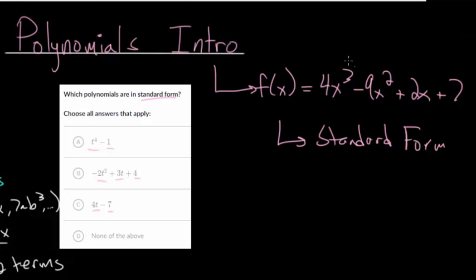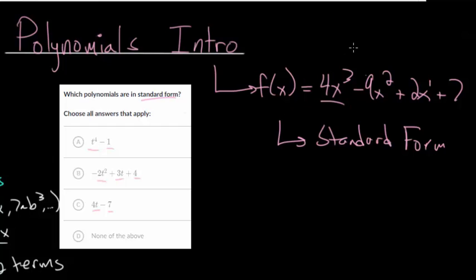So notice we have the cubic term, the x cubed, then we have the square term, then the linear term, and technically you could even write an x to the 0 here to continue this pattern, since anything to the 0 power is just equal to 1. But usually we don't write that, but it does help extend this pattern. So it's in standard form because the highest power of x is written first.